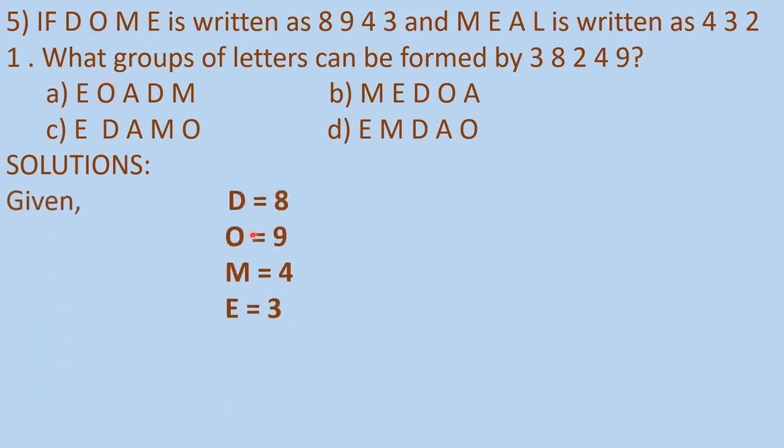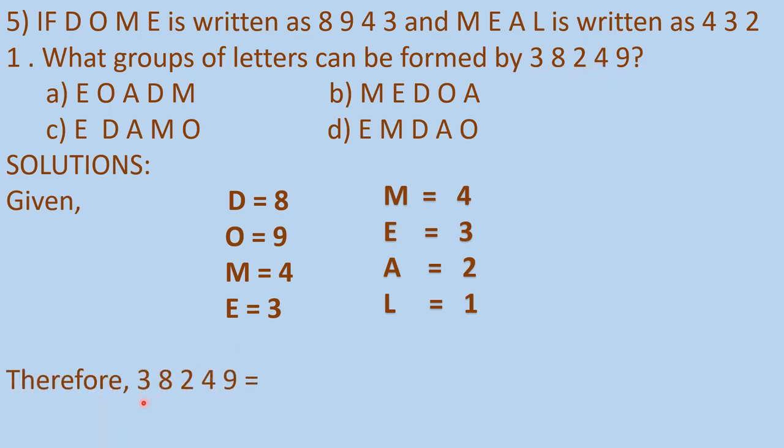D here is coded as 8, O 9, M 4, E 3, and MEAL: M here is coded as 4, E 3, A 2, L 1. And now we have to see the group of letters formed by 3, 8, 2, 4, 9.